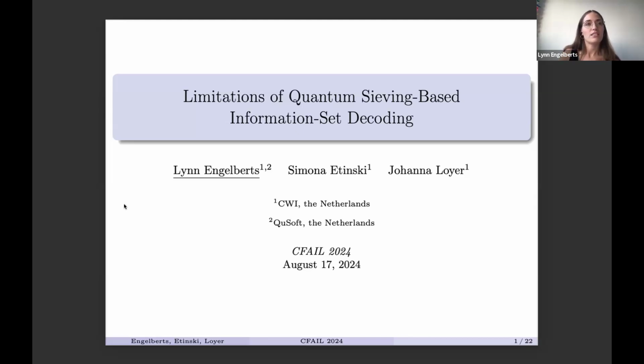All three of us are based in Amsterdam at CWI. I would like to thank the organizers for this event and also for allowing me to present online. And I would also like to thank the reviewers for the very valuable feedback. Our work is titled Limitations of Quantum Sieving-Based Information Set Decoding. In particular, we're concerned with quantum cryptanalysis of the decoding problem.